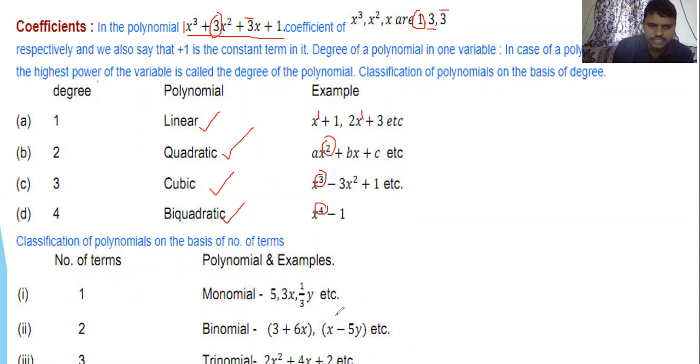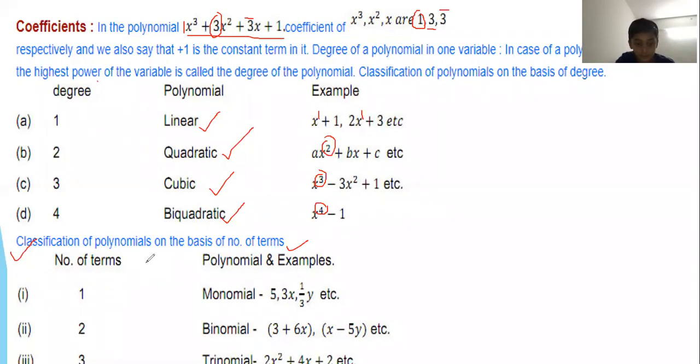Aditya, read this. Classification of polynomials on the basis of number of terms. If the number of terms is 1, then it is a monomial.